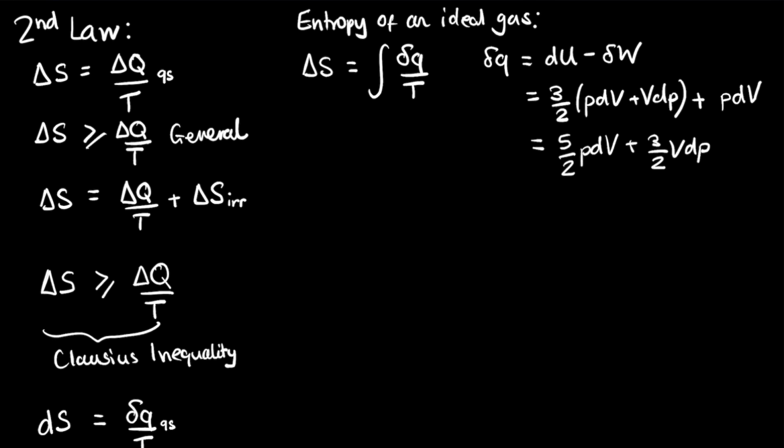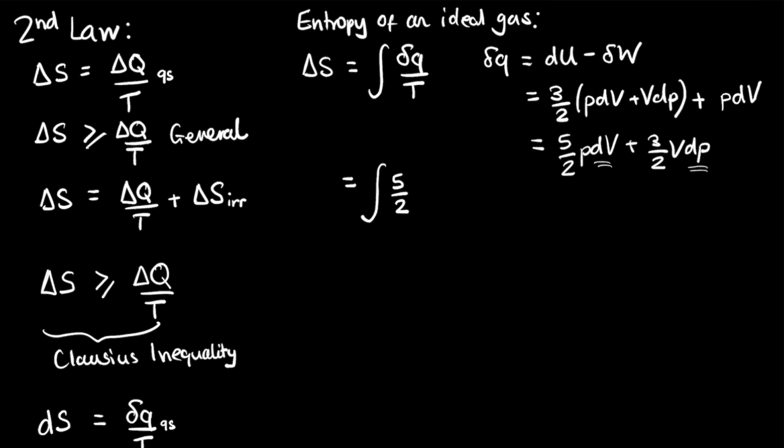Remember, this is not for any type of process. It's not isothermal, it's not isobaric, it's not adiabatic. It's generally what is the entropy of an ideal gas. And so dQ equals 5 halves p dV plus 3 halves V dp. So let's go ahead and substitute that into our equation for entropy. As you can see, we've got two of these infinitesimal terms, so we're actually going to get two integrals. Let's start with the first term.